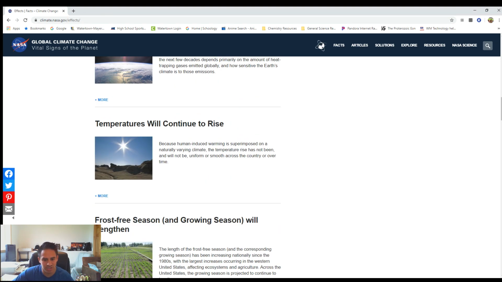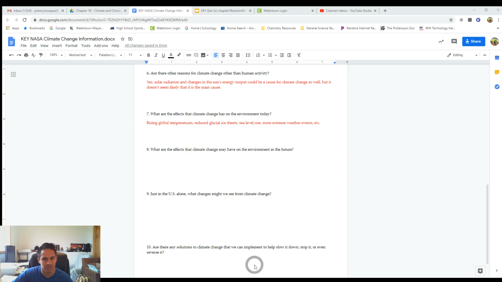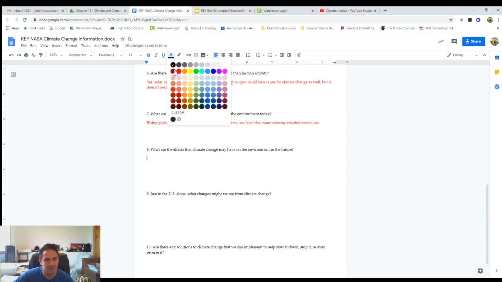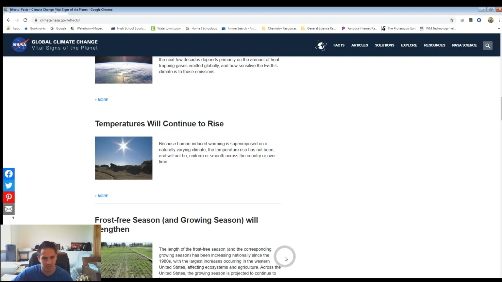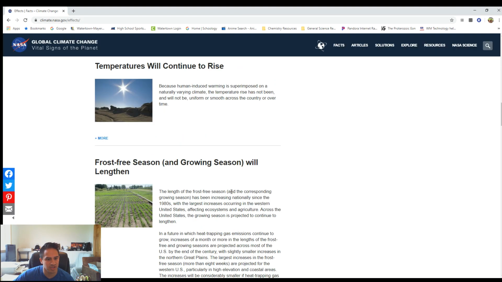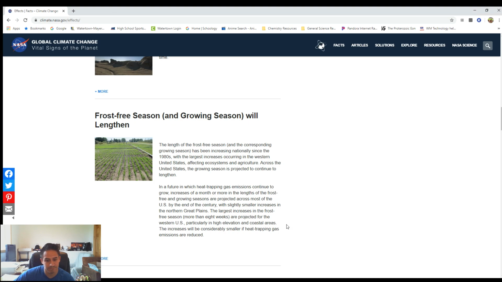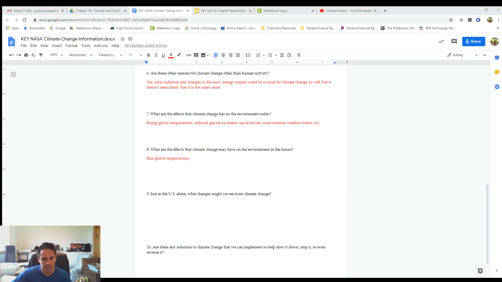Okay, so pretty much all of these things right here are what we're looking for. So let's go back to our worksheet and let's put some of these things down. Okay, so again, what are the effects that climate change may have on the environment in the future? So we have again rising global temperatures. Let's go back to our website here just to double check on everything. So we had temperatures continue to rise. Growing season will lengthen. Okay, so let's go put that down. So growing season will lengthen. Okay, what else did we have?